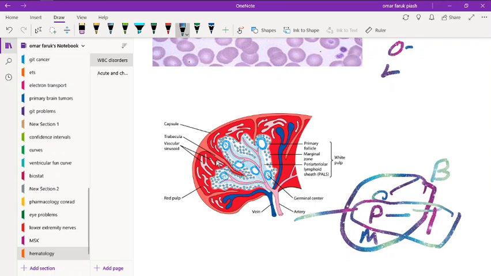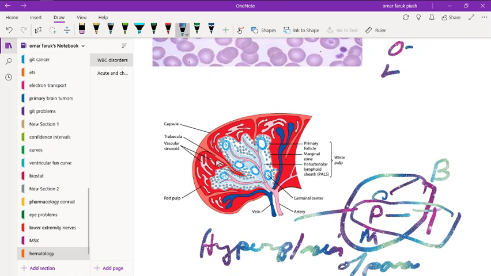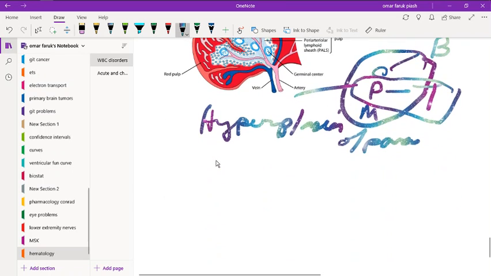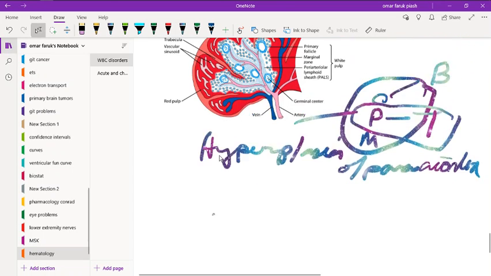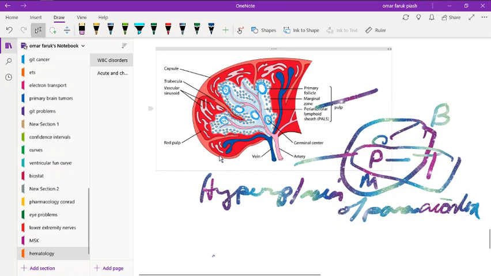And what happens in EBV is hyperplasia of this paracortex, and the other thing that happens is splenomegaly. Why splenomegaly? Because of T cell hyperplasia.